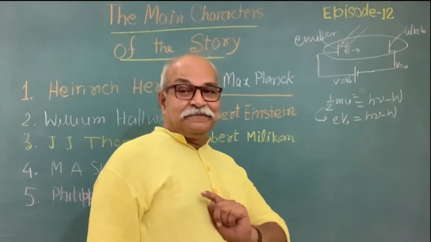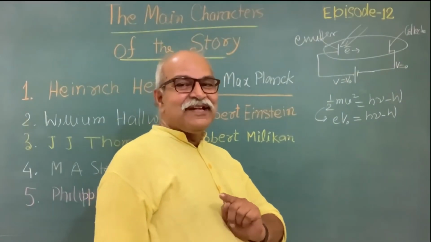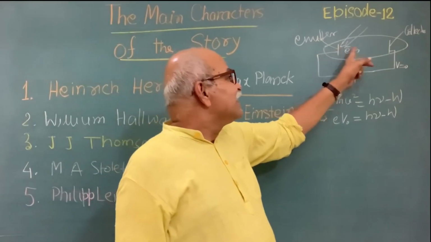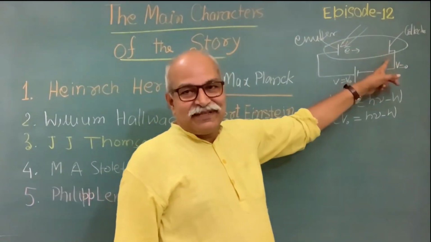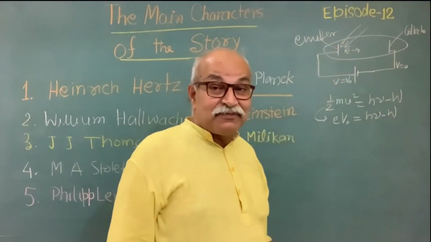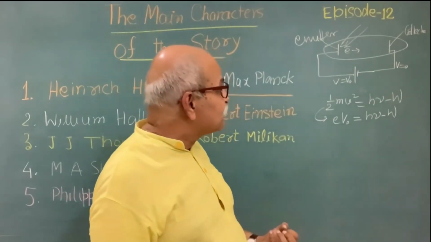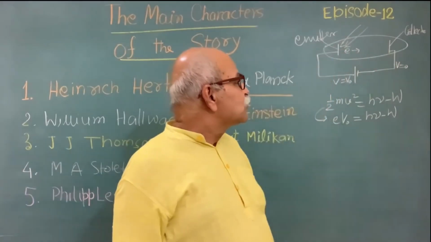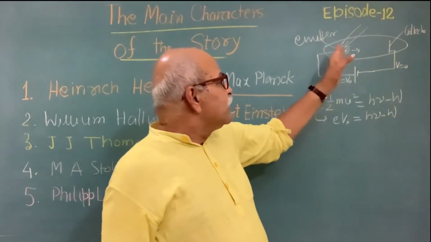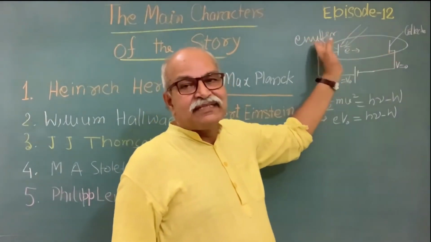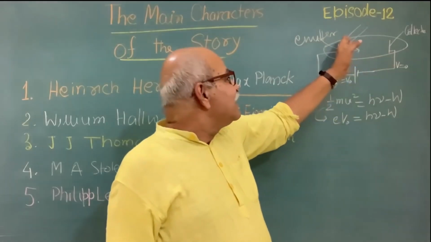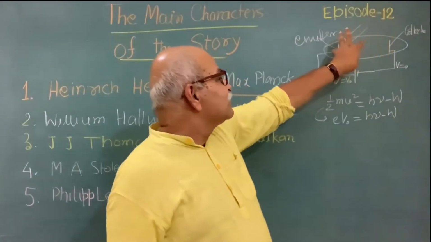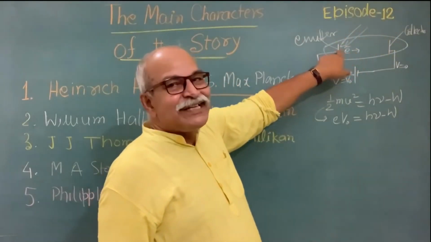But the emitter and collector are of different metals, and should be different metals. Millikan took care of which material should be here and which material should be here, because if you take the two from the same material, then when you send light, not all the light is getting absorbed.